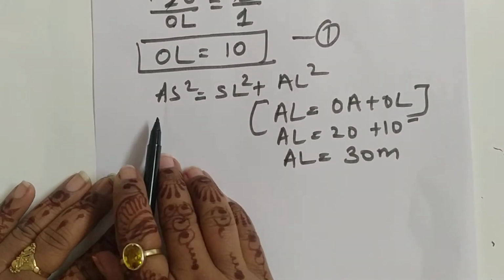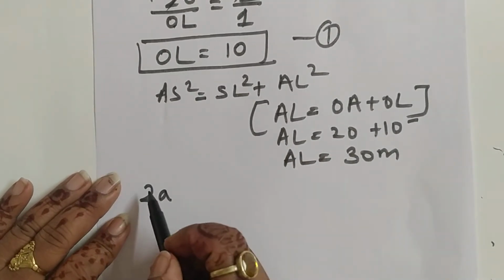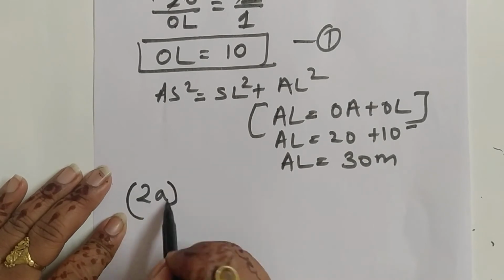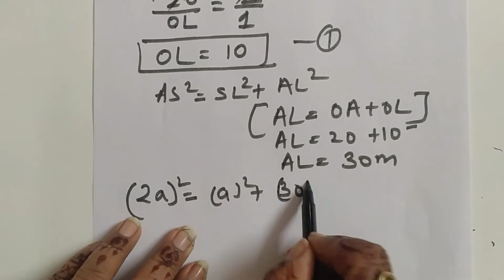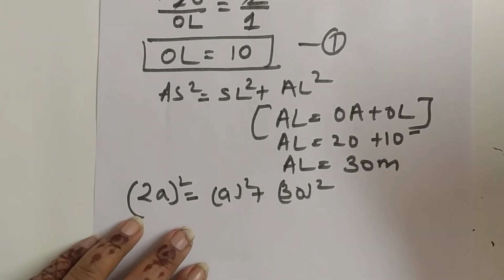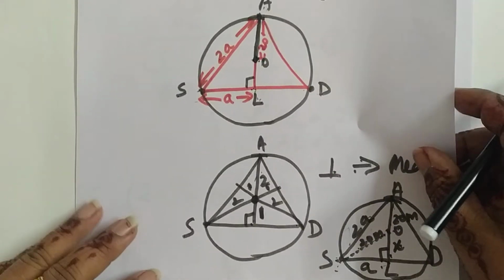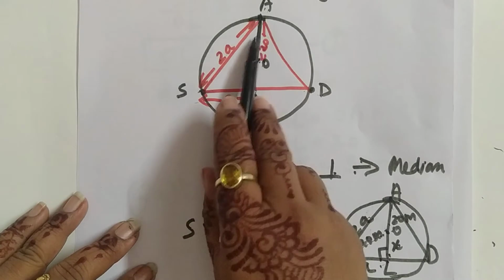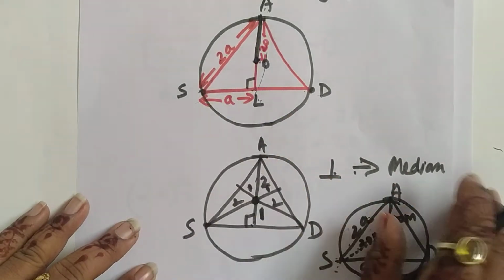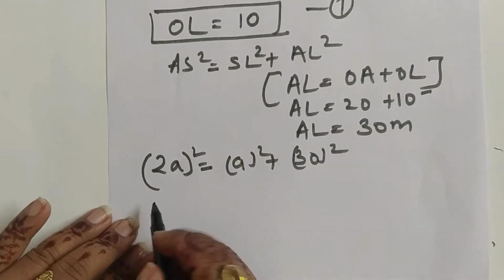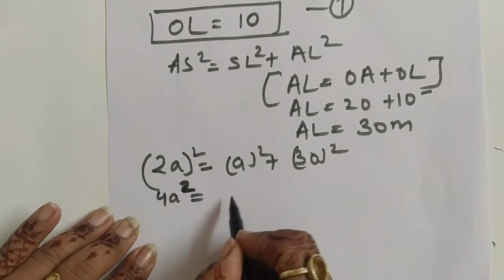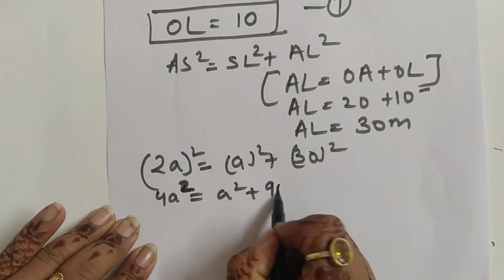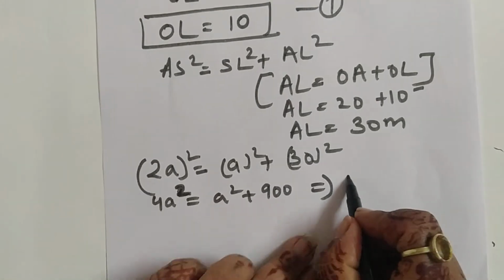Now by putting the value, AS square is already 2A, that we have already assumed. So 2A square is equal to SL, that is A square plus 30 square. You can see here, ये देखो. Yes, 2A square is A square plus 30 square. So 4A square is equal to A square plus 900, that is equal to 3A square.